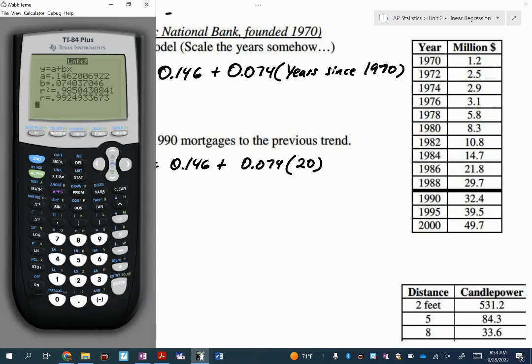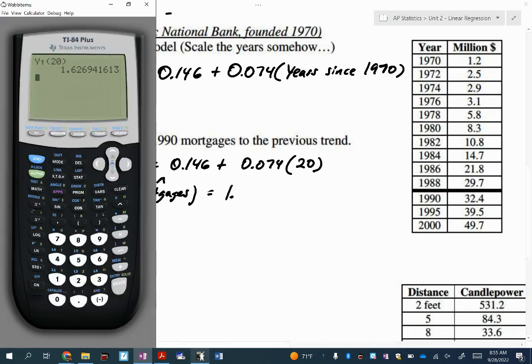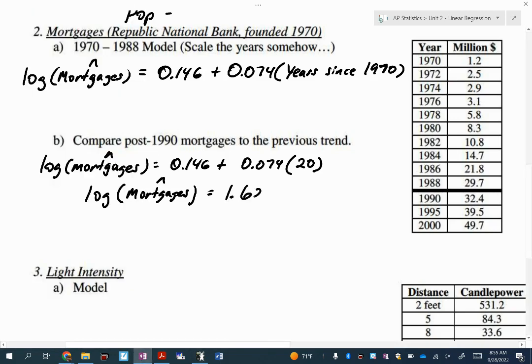So I'm going to hit vars, yvars, function, y1, and I'm going to plug in, evaluate this at 20. All right, so I get 1.627. But remember, that is the log of mortgages from 1990. But again, I won't be rounding when I use my calculator.